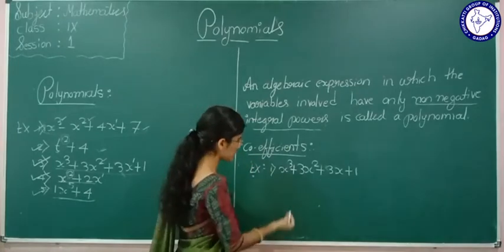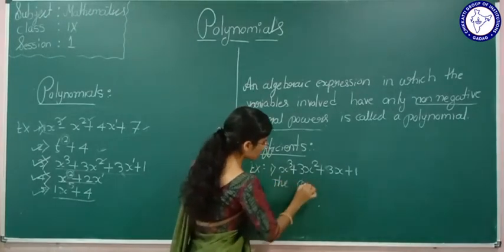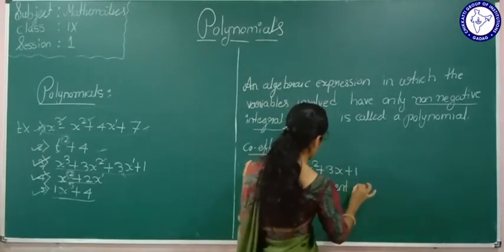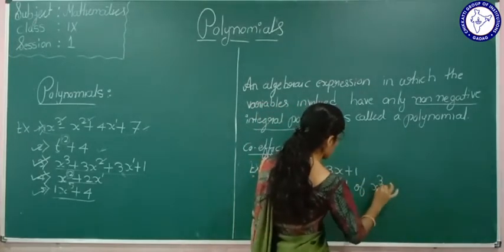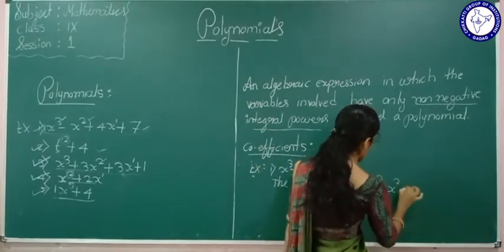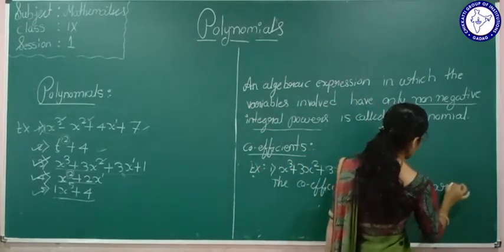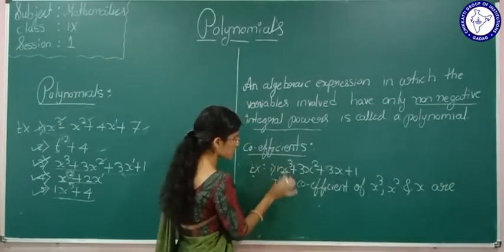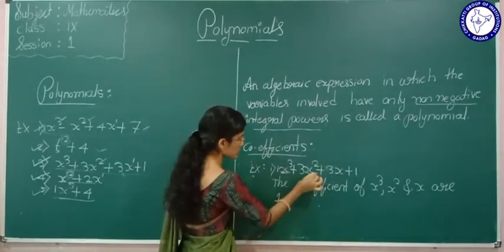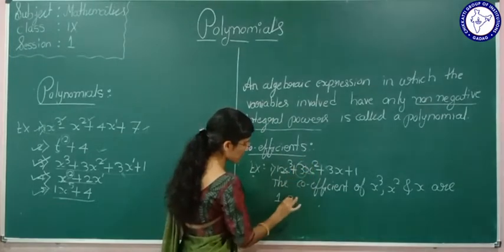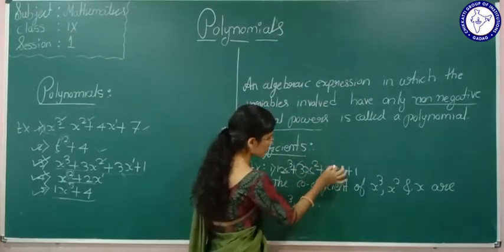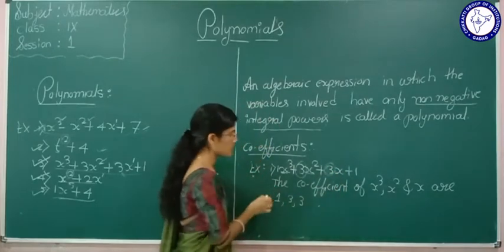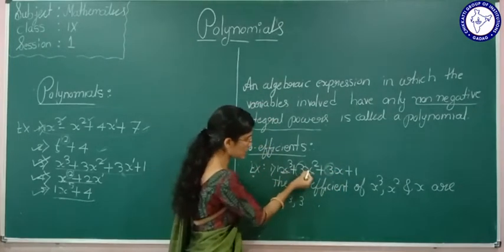What will we tell? The coefficient of x cube is 1. What is the coefficient of x square? 3. And what is the coefficient of x here? It is 3.